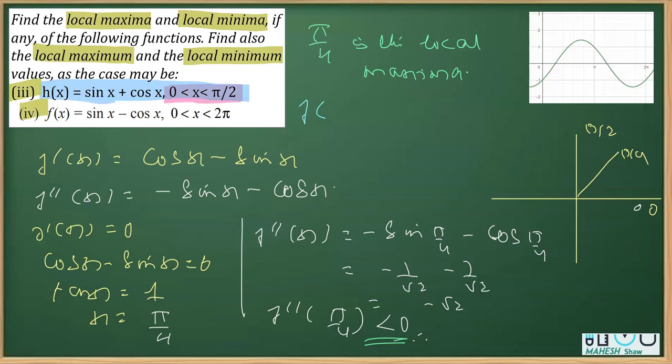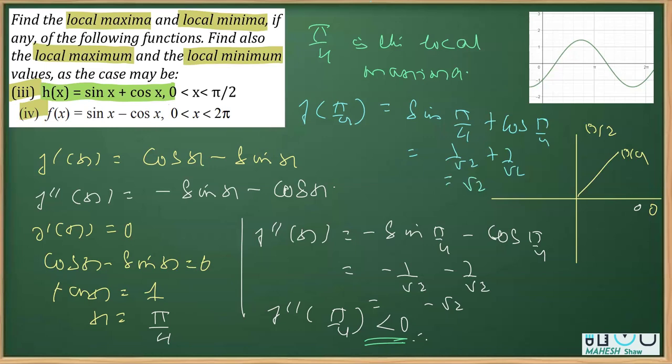So here the maximum value is f of pi by 4, that is sin pi by 4 plus cos pi by 4. You should know where I'm taking it from: I'm taking it from here. So this is 1 by root 2 plus 1 by root 2, that is root 2 again. So once again, we'll say that the maximum value is root 2.